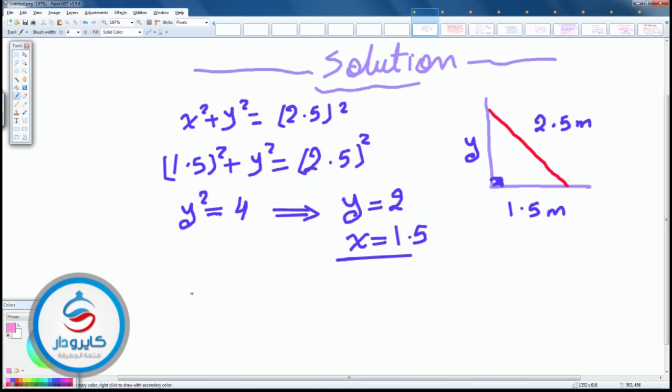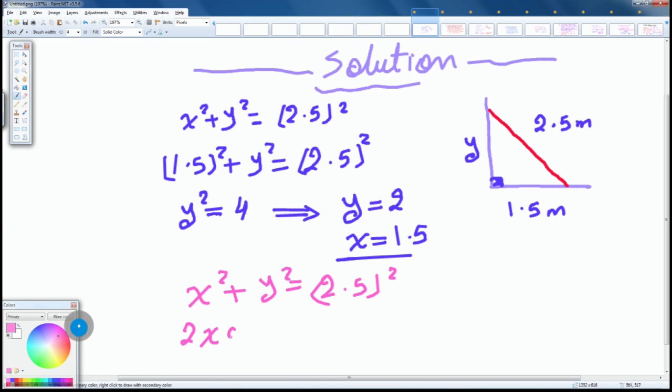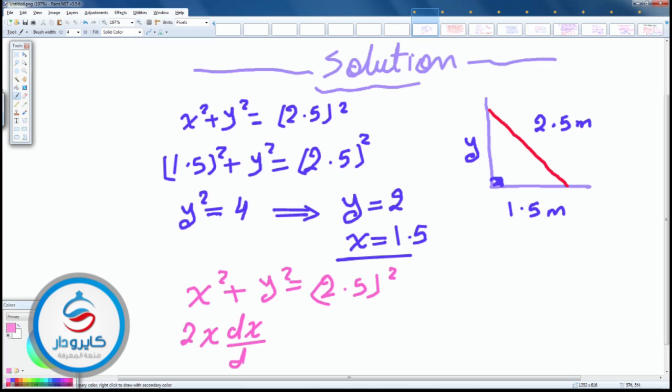Now again we have the same relation, x squared plus y squared equals 2.5 squared, because this is a ladder and it will not change its length, so by differentiating with respect to time, 2x dx over dt plus 2y dy over dt equals 0.